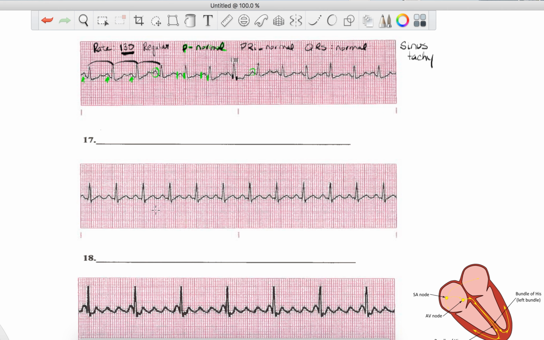All right. Now let's look at 17, and we have once again a rate of 1, 2, 3, 4, 5, 6, 7, a rate of 120.